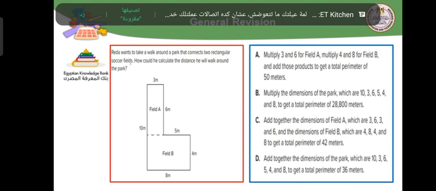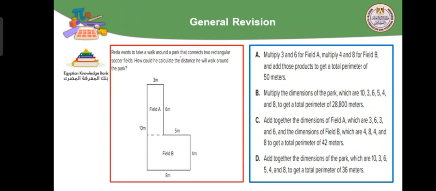Rida wants to take a walk around a park that connects two rectangular soccer fields. So think about what? Perimeter. How could he calculate the distance he will walk around the park? Okay, so what are we doing now?